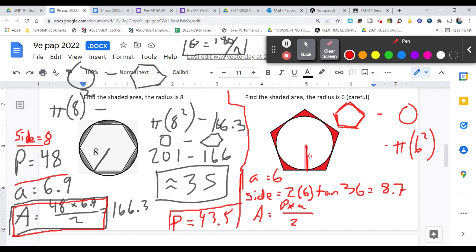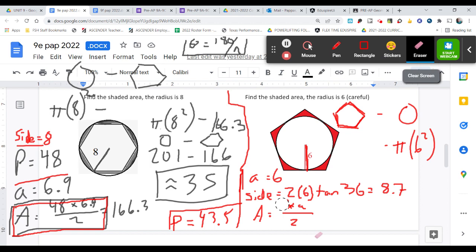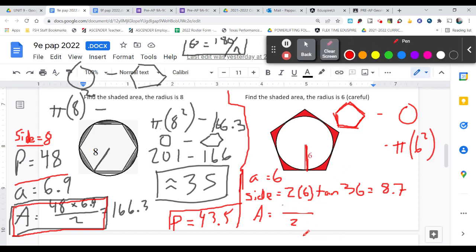All right. So now to find our pentagon area, we have 43.5 times 6 divided by 2.